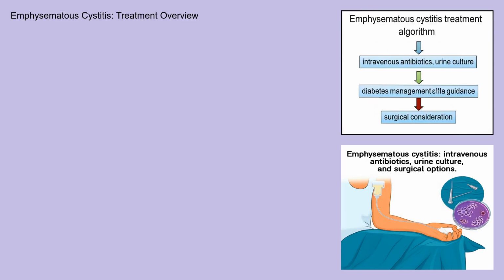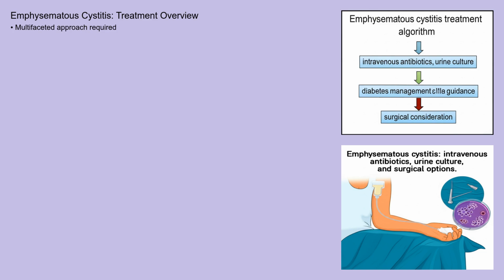The treatment and management of emphysematous cystitis are multifaceted. The cornerstone of treatment is intravenous antibiotics, selected based on the urine culture results and antibiotic sensitivities. Broad-spectrum antibiotics are often initiated empirically, that is, before culture results are available, to cover the most likely causative organisms. Strict blood sugar control is vital in diabetic patients.